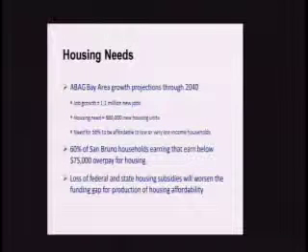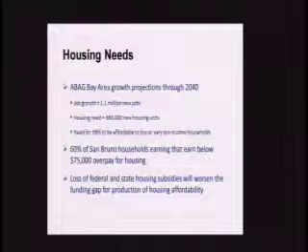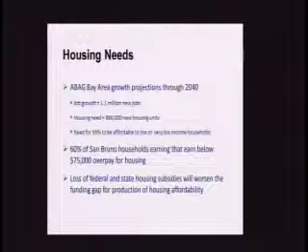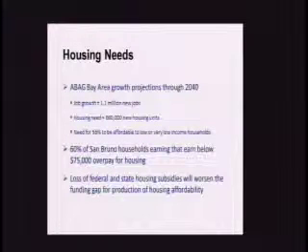This translates into a need for new housing of 660,000 housing units. And just extrapolating on what the needs are by income level, the estimate is that roughly 56% of those housing units need to be affordable to low and very low income households. So you can see the need is enormous. I mean, it's really huge.